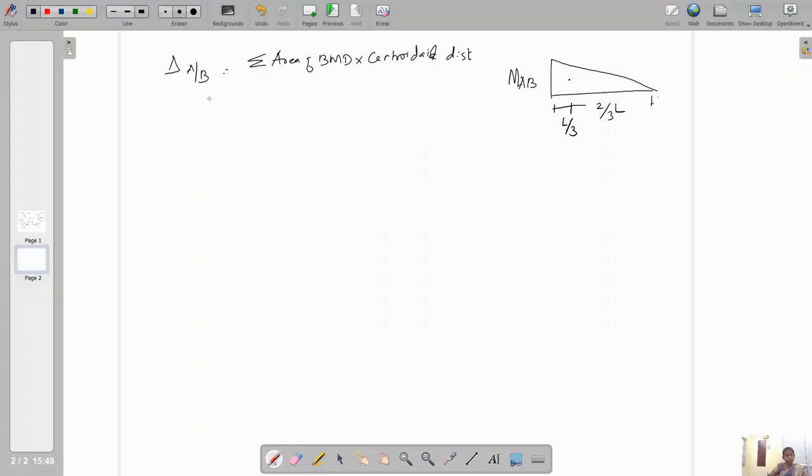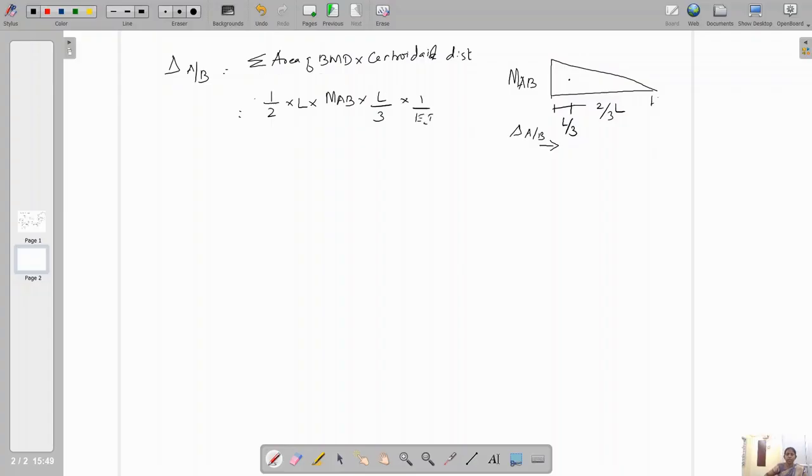So the deflection from A towards B, that is delta A by B. By writing the area of the triangle, half into the total length, the height is the moment MAB. From A the centroid is L by 3, into 1 by EI.